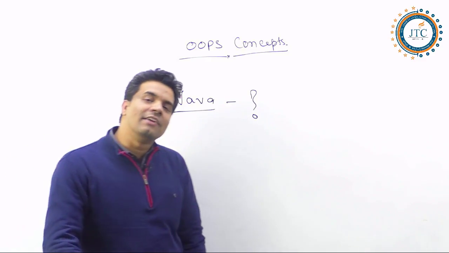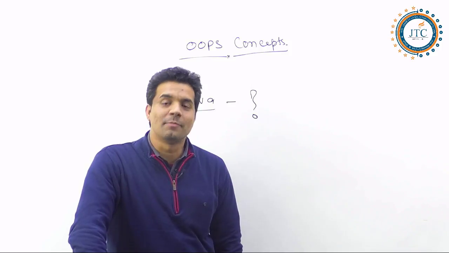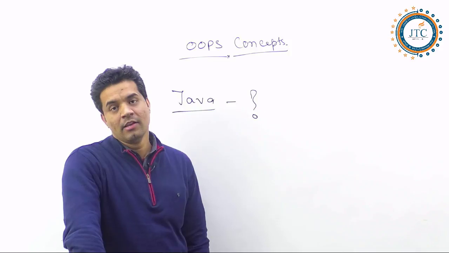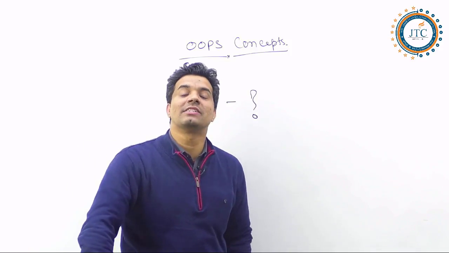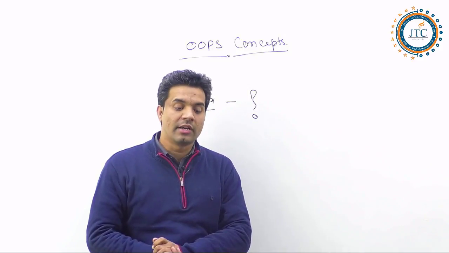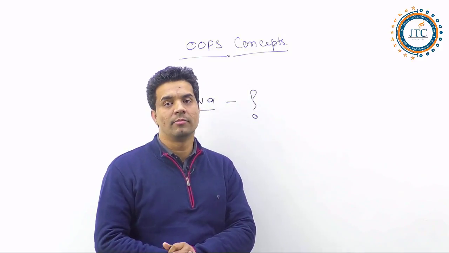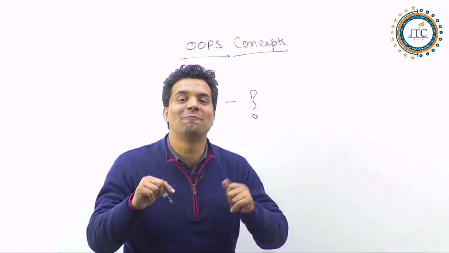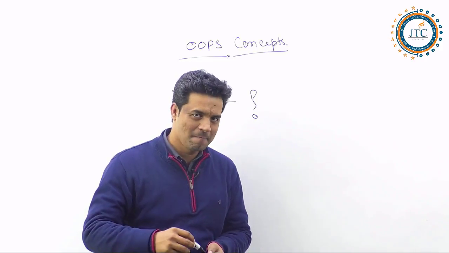The very first thing anyone will say is that it's a programming language. Next, they will say that it is based on object oriented programming. So my question to you all is, what exactly is object oriented programming?